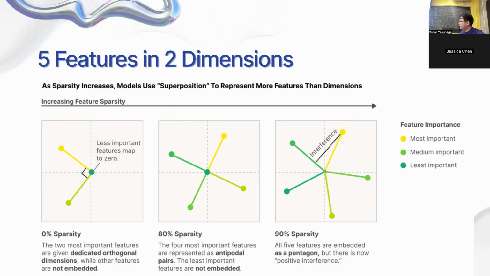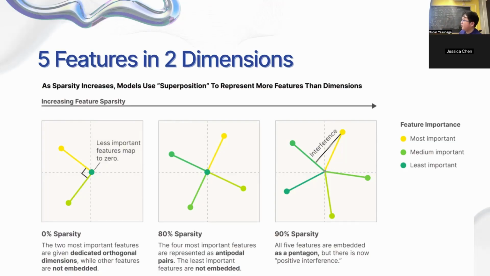You can start seeing the model is more willing to take a risk by expressing the lesser important feature vectors. This is because these feature vectors in high dimensional space don't co-occur as often. And because they don't co-occur as often, the model says, let's take a chance and express them, because it minimizes our loss further than just expressing the 2 orthogonal vectors.